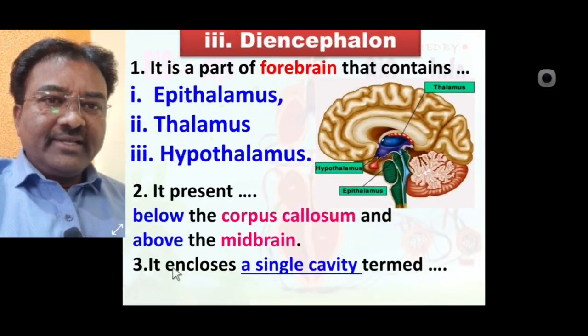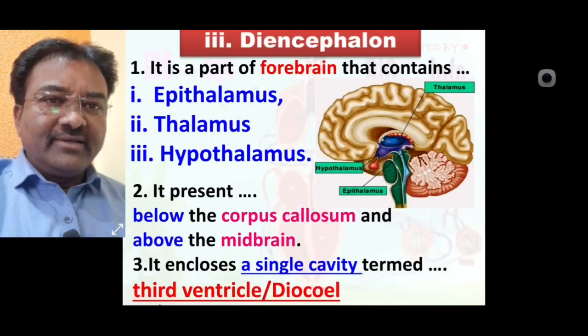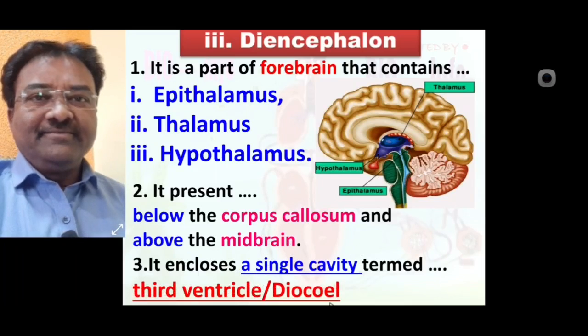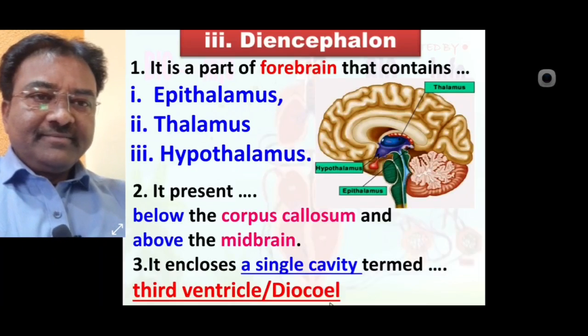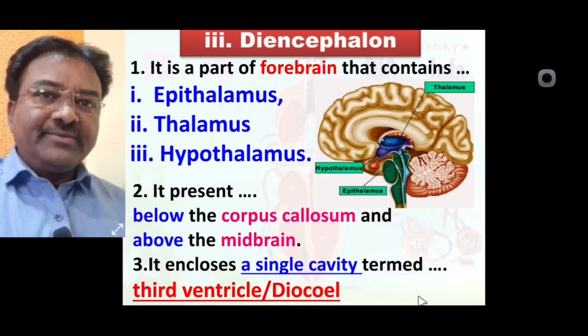Number 3, the diencephalon encloses a single cavity termed the third ventricle or diocele. Always remember which one is the cavity of the diencephalon: third ventricle, also called diocele.